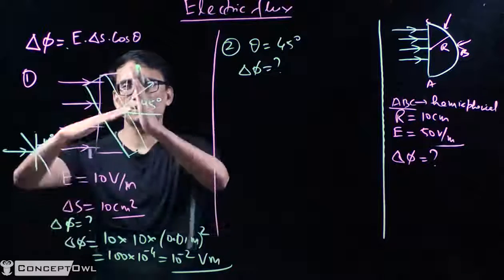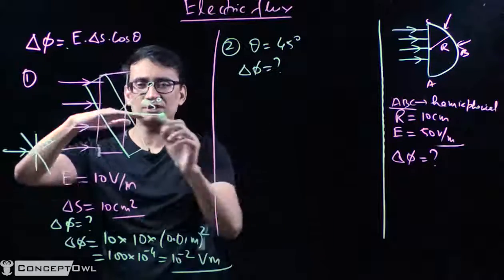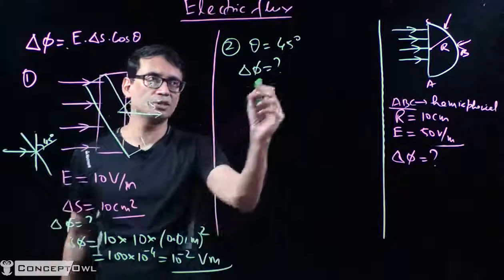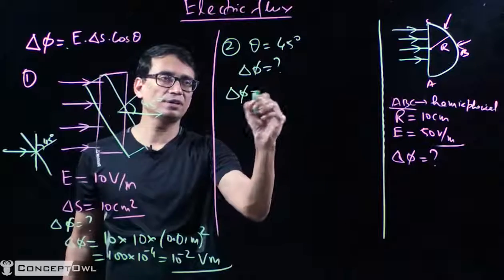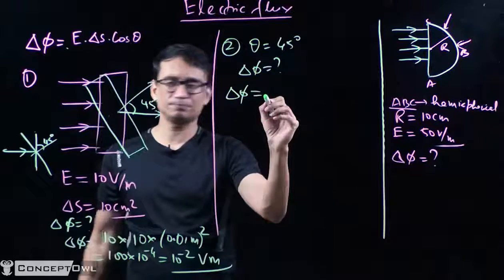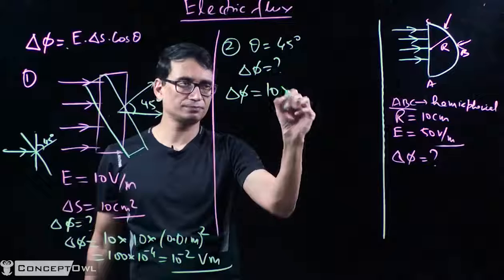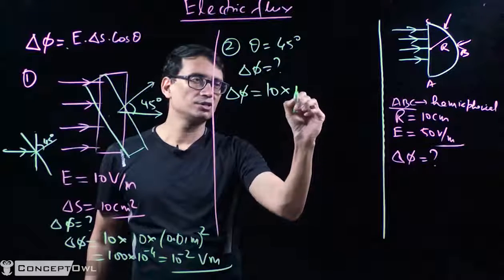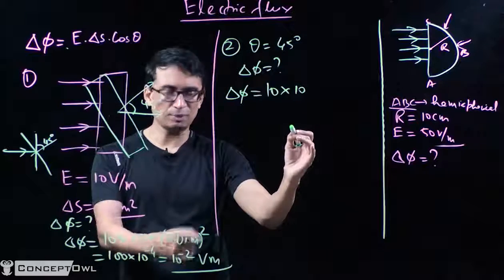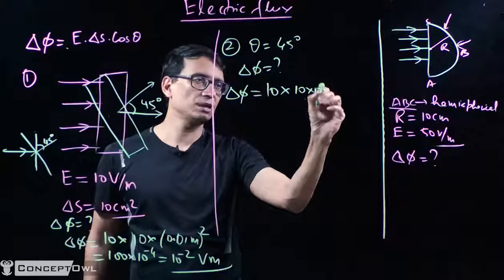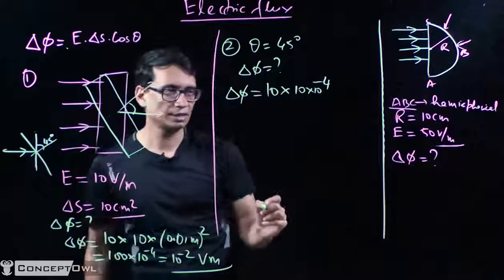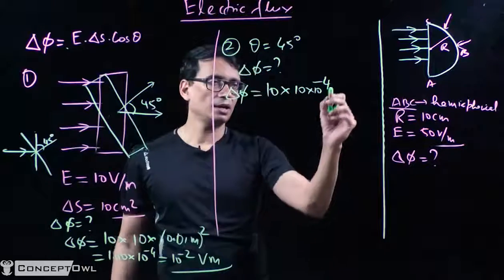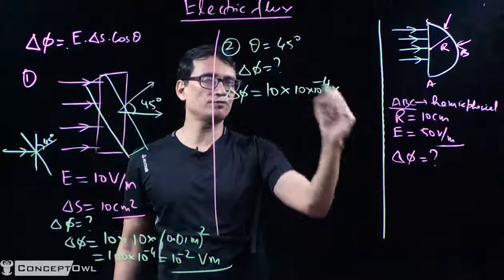In the second case, the angle between the electric field vector and the area vector is 45 degrees. So straightforward, the flux is going to be E dot delta S, which is 10 into 10 to the power minus 4, in meter square, into cos 45.